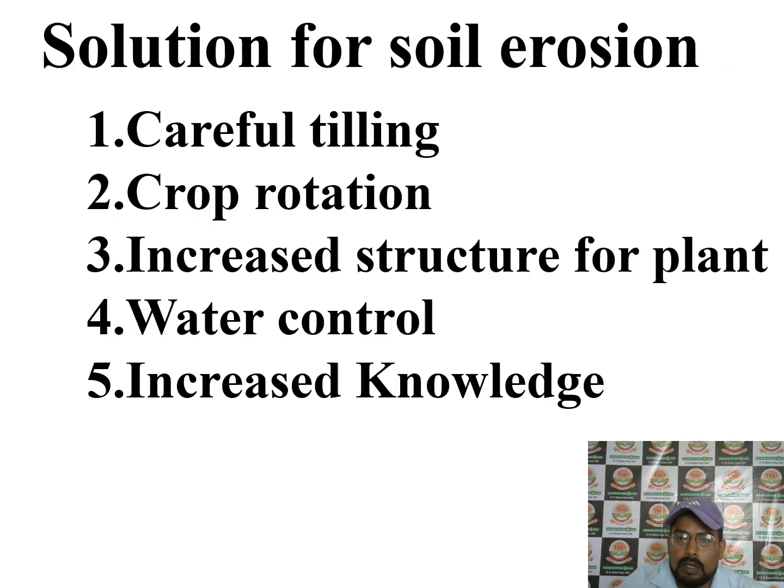So next, the solution. How to control the major erosion? Like careful tilling. More tilling increases the erosion and the displacement of particles, so controlling and decreasing tillage controls the erosion. Second, crop rotation. Grow different types of crops in a cycle, like wheat and rice.